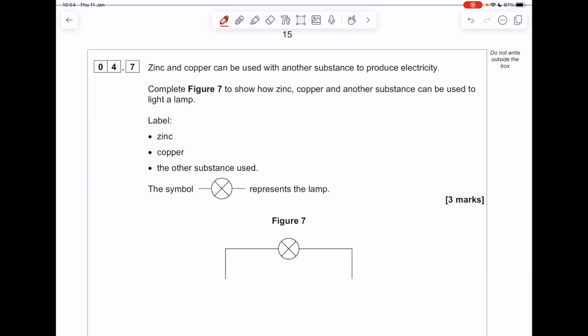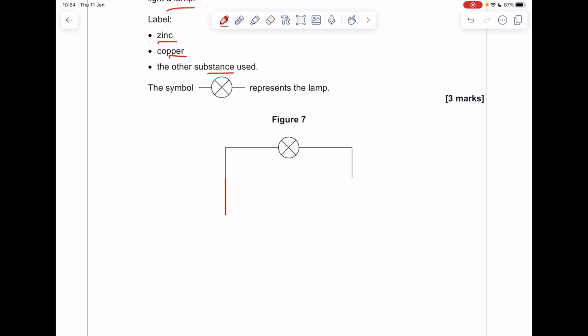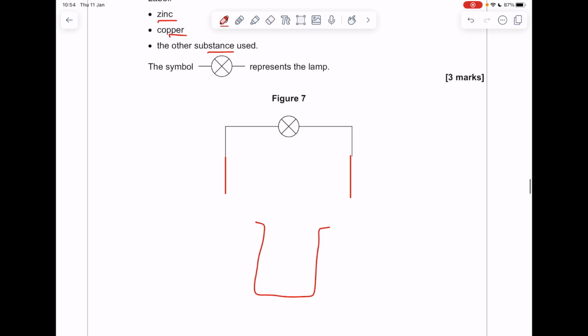Zinc and copper can be used with another substance to produce electricity. Complete figure 7 to show how zinc, copper and another substance can be used to light a lamp. Label the zinc, copper and the other substance used. So let's set up a simple electrochemical cell. We want a beaker down here with 2 electrodes, one of which is copper, one is zinc.